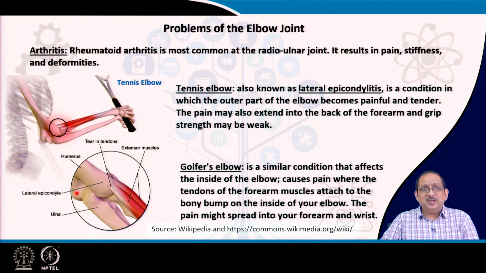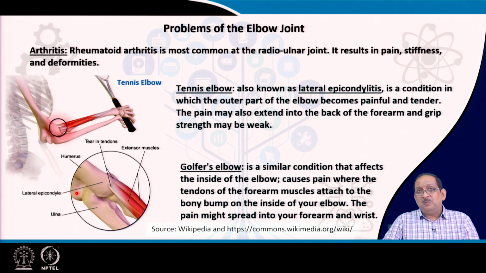The problems of the elbow joint can be listed here. Similar to other synovial joints, arthritis is a common problem in the elbow joint. Rheumatoid arthritis is the most common in the radioulnar joint, which results in pain, stiffness, and deformities.